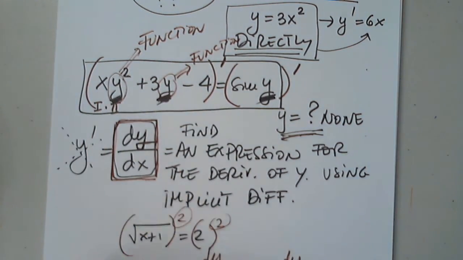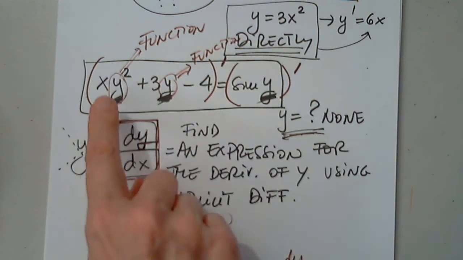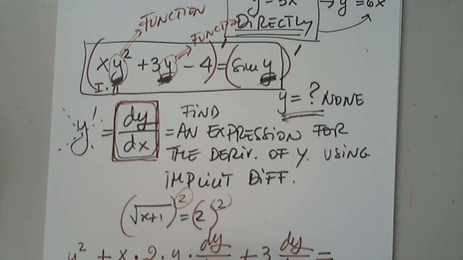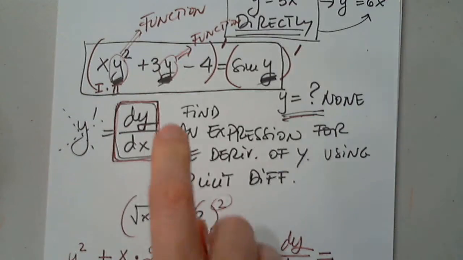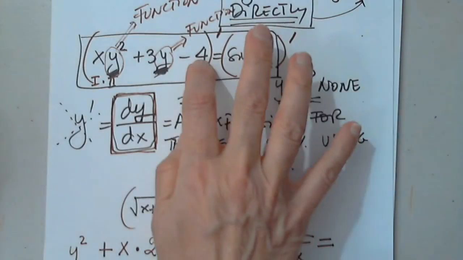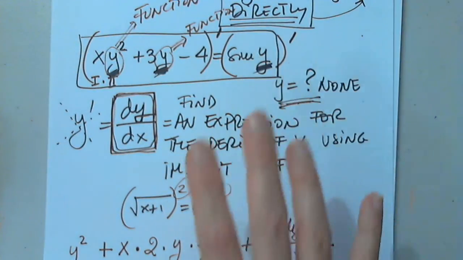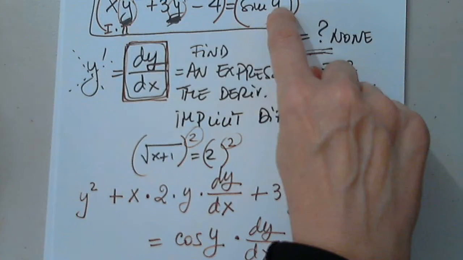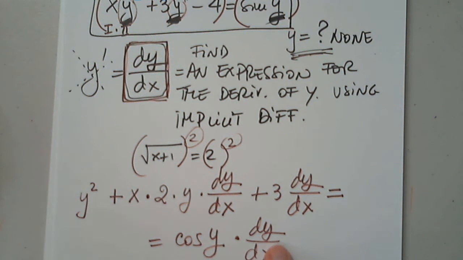First function prime is 1 times the second function plus the first function times the second function prime, 2y dy over dx, plus 3 times the function prime, negative 4 prime is 0, equals outer function prime is cosine y times inner function prime dy over dx.